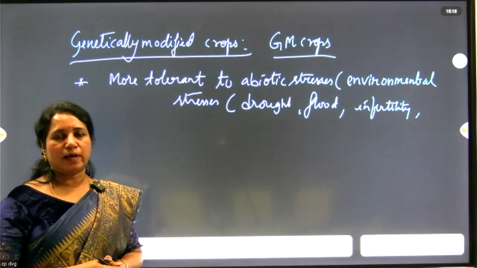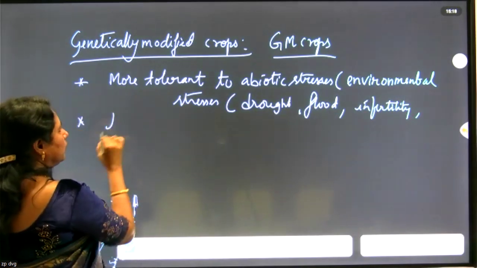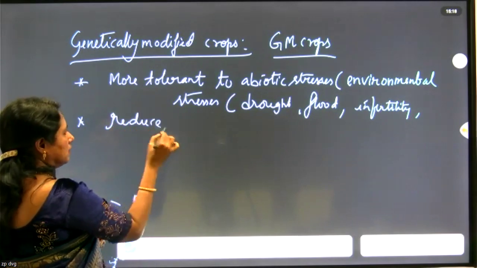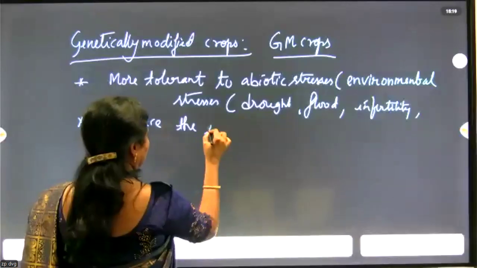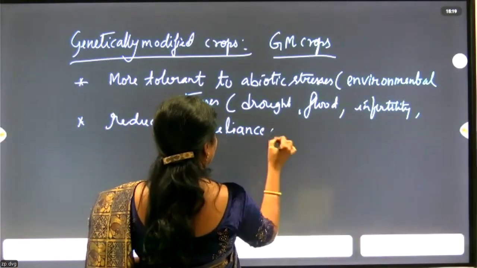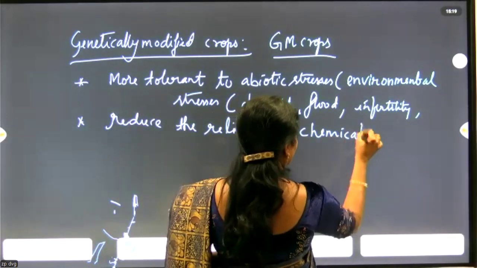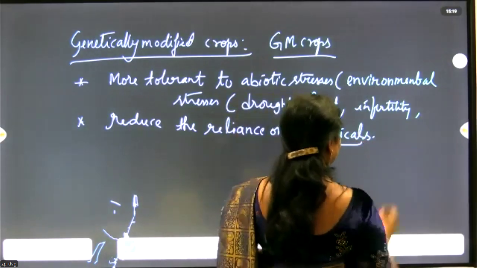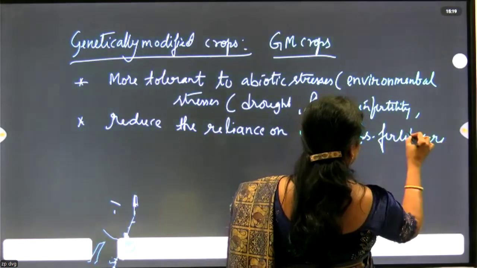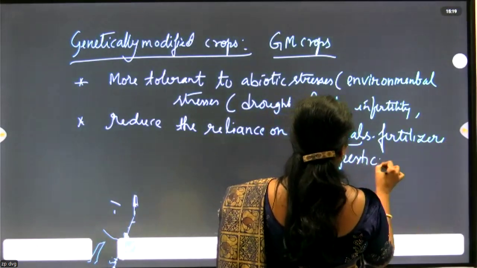GMO crops can survive. And the next one, they help to reduce the reliance on agrochemicals, chemical fertilizers and pesticides.